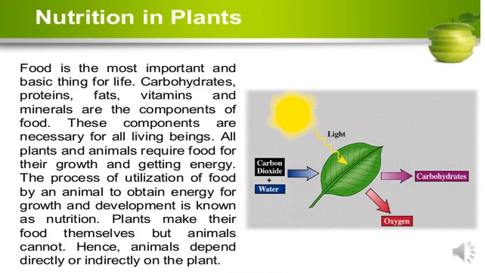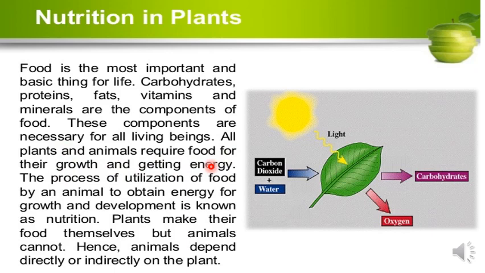Nutrition in plants. Food is the most important and basic thing for life. Carbohydrates, proteins, fats, vitamins, and minerals are the components of food. These components are necessary for all living beings. All the plants and animals require food for their growth and getting energy.